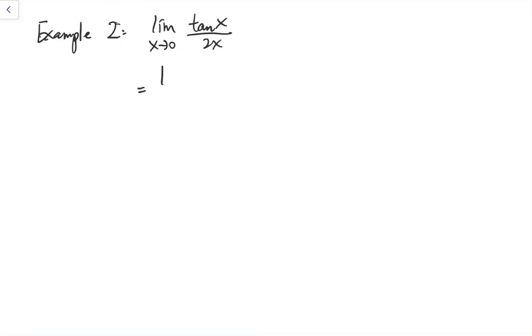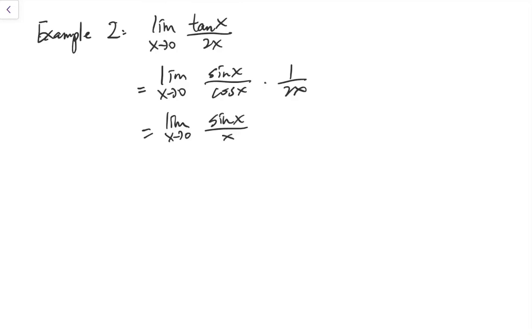What you need to do is to change it to sine. So you get sine x over cosine x times 1 over 2x here. Then for the sine x, you simply get an x to hit the x here. So these two cancel with each other, and then the remaining part is this one.